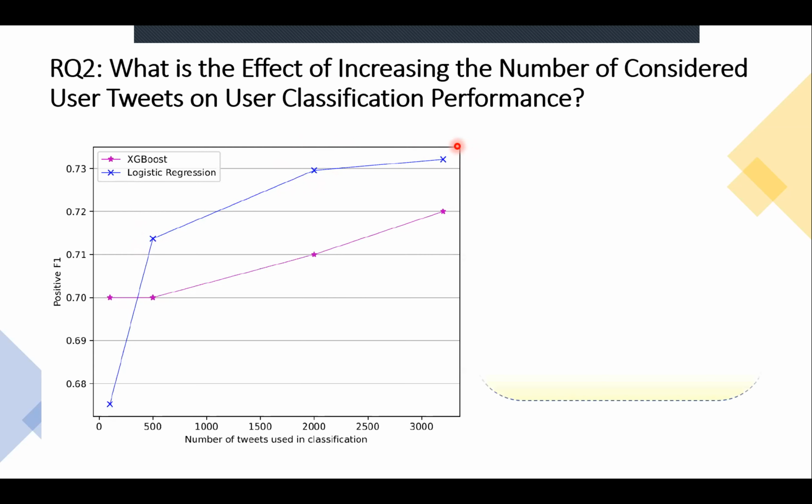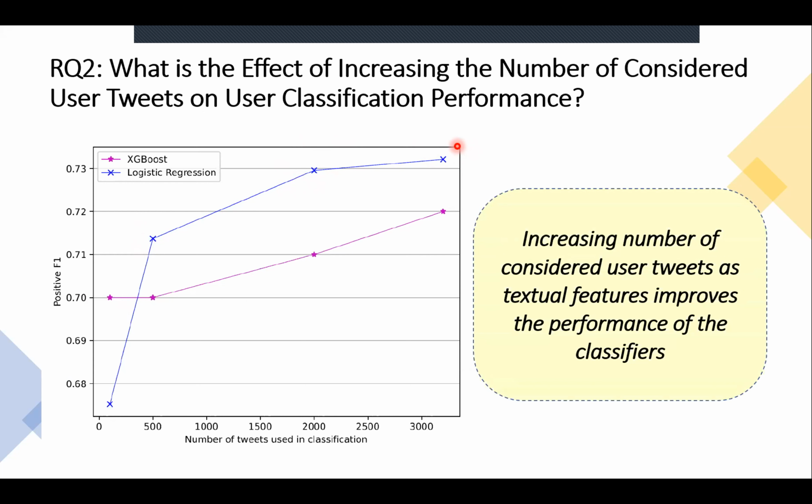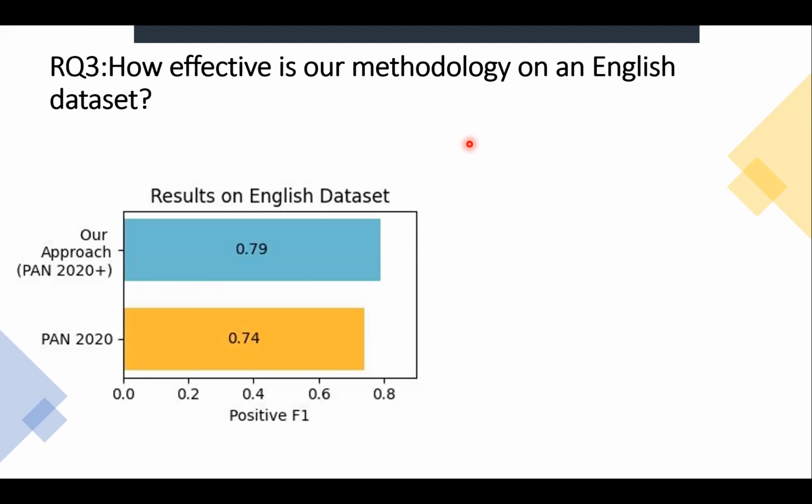As we increase the number of tweets, the performance also improves. This was very interesting to note, especially the logistic regression model, which achieves a 73 F1 score. This was the highest performance achieved.